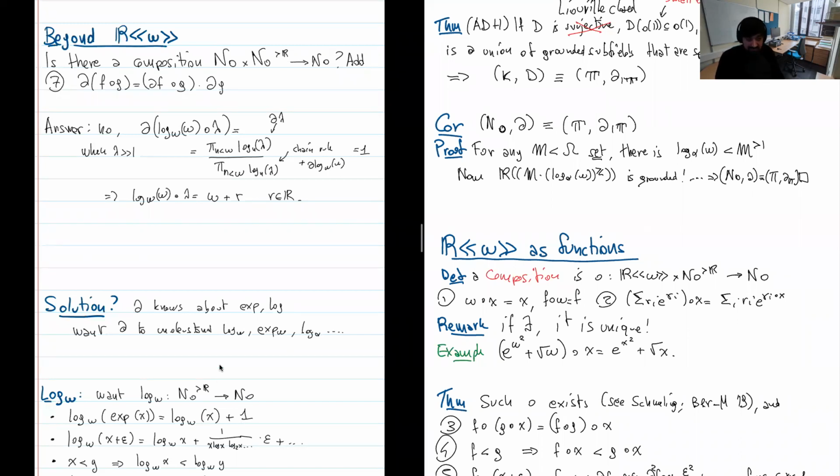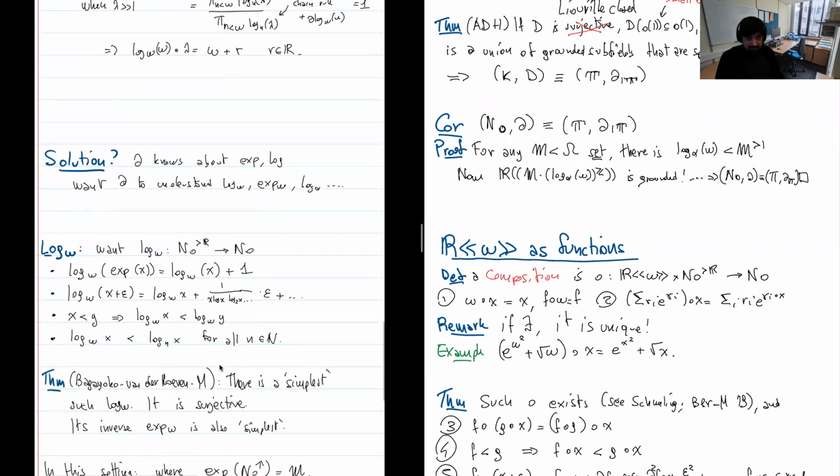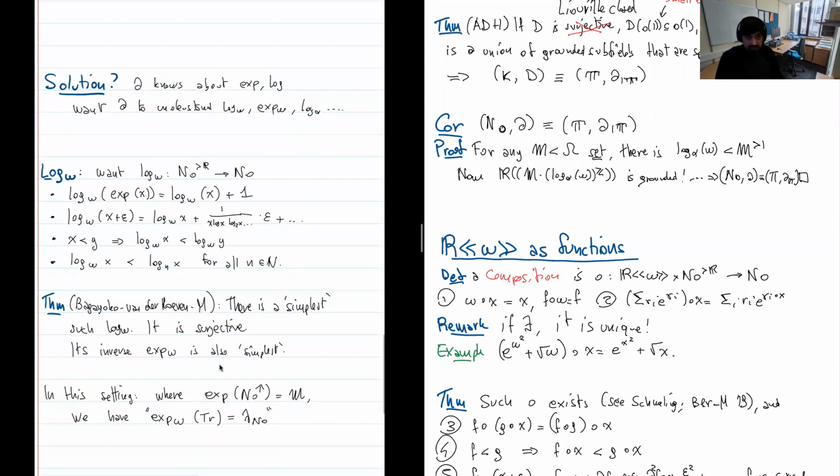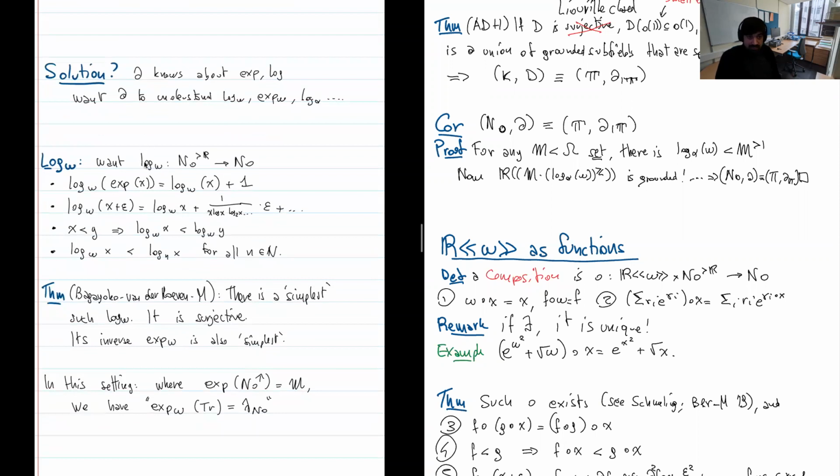So you have to do two things. You want to find these functions. You want to give meaning to this log omega. We know what its derivative is supposed to be. It's supposed to be 1 over the product of all the finite logarithms of x. But we don't have the global function. But the thing is, there is a simplest function, log omega, which satisfies these kinds of properties.